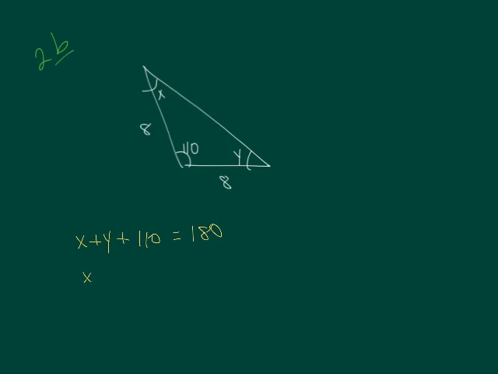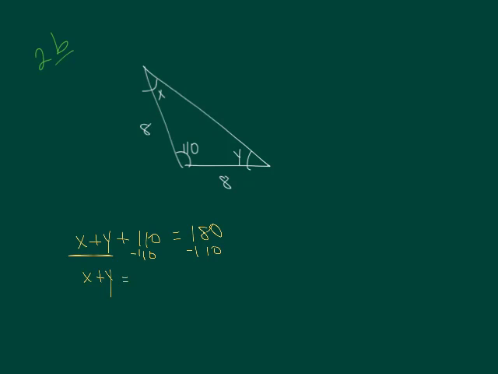And if I figure out what x plus y have to be, because these two added together plus 110 give me 180. So x plus y, and I'm going to subtract 110 here and subtract 110 here.